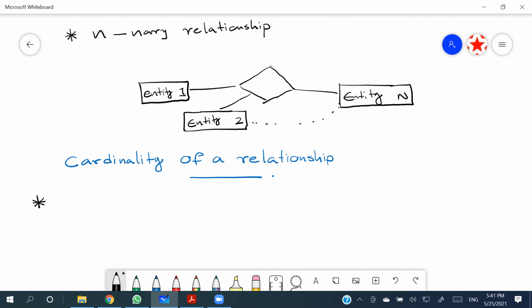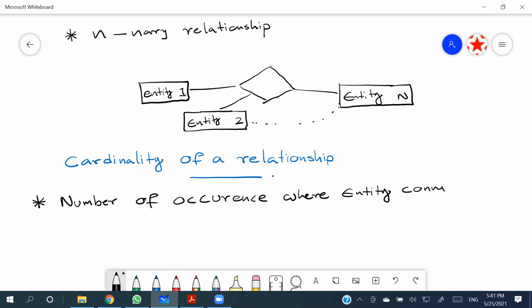The cardinality is the number of occurrences.